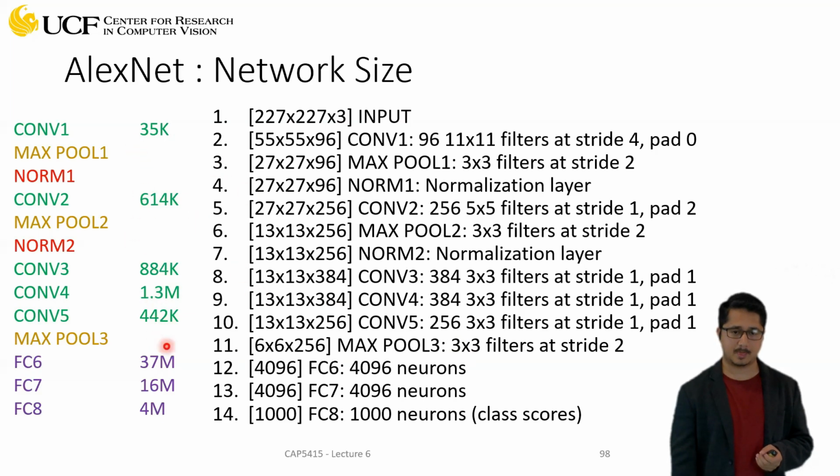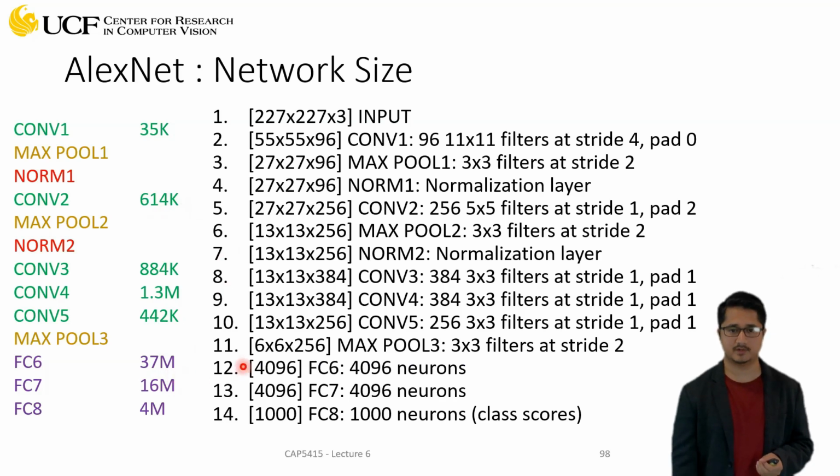Now one interesting thing to note here is that these are the number of parameters in the convolution layers. But as soon as you move to the fully connected layers, where you have 4096 neurons here and in this one, and 1000 in the last one, you can see the number of parameters is a lot. It's too high compared with the convolution layers. And again, the reason is that in the convolution part, we are sharing the weights, or the kernels, across space.